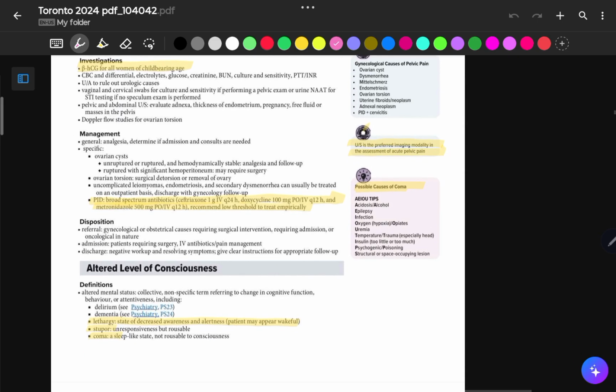So management will be based on the cause. You want to start with analgesia, and determine if admission or consultation is needed with gynecologists.